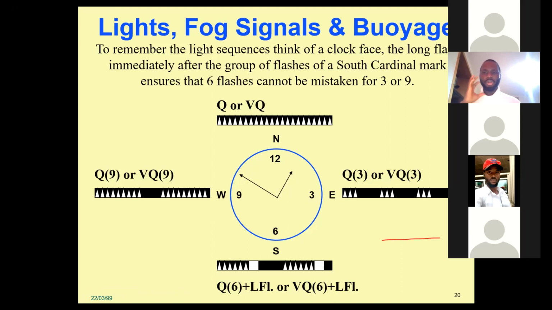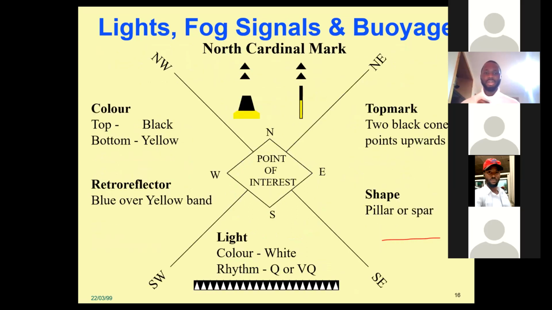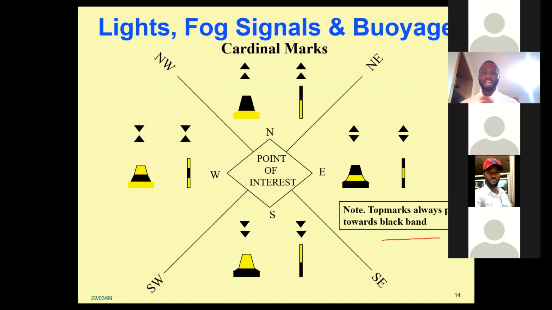But I really want us to have a view. I'm sure that we'll be able to catch what I said this evening, especially on this point of interest as well. You're coming from southwest, south or southeast, and you see that North Cardinal Mark. Don't just make any alteration. You're already in the danger zone. Have that awareness in your mind as well.